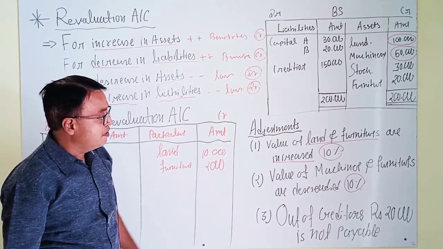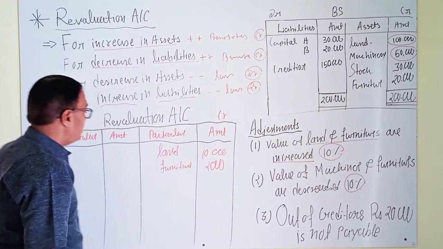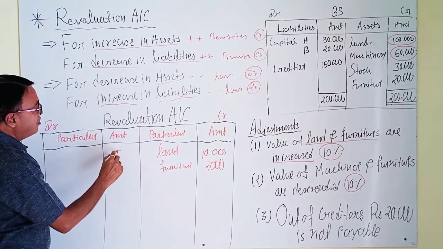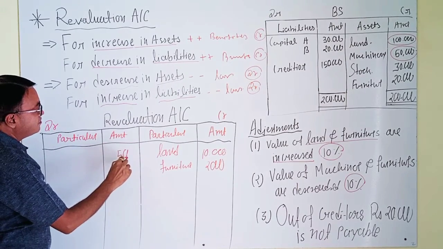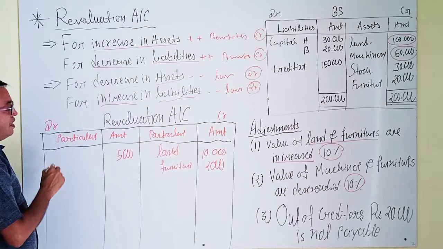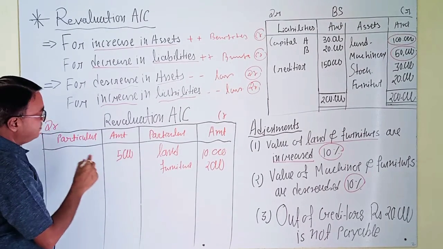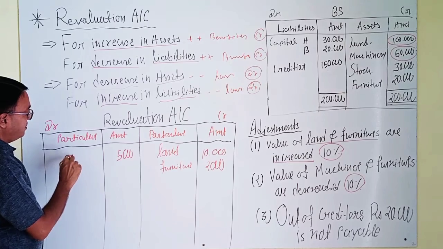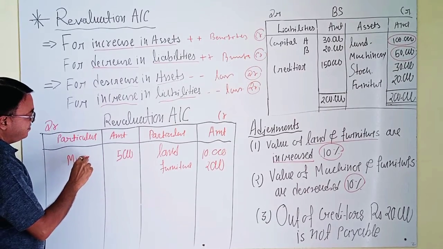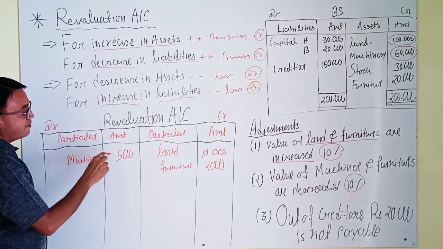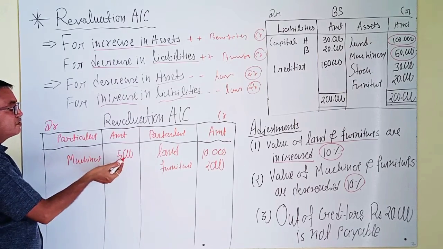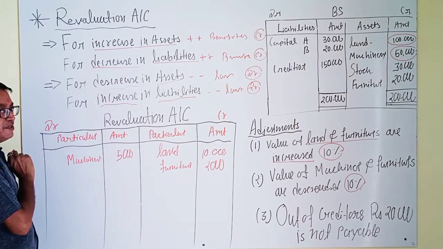The value of machinery is decreased by 5,000. Then write here the amount rupees 5,000, and the asset name is machinery, so write here machinery. Okay, 5,000 decrease, so it's our loss, and loss will be recorded on the debit side.